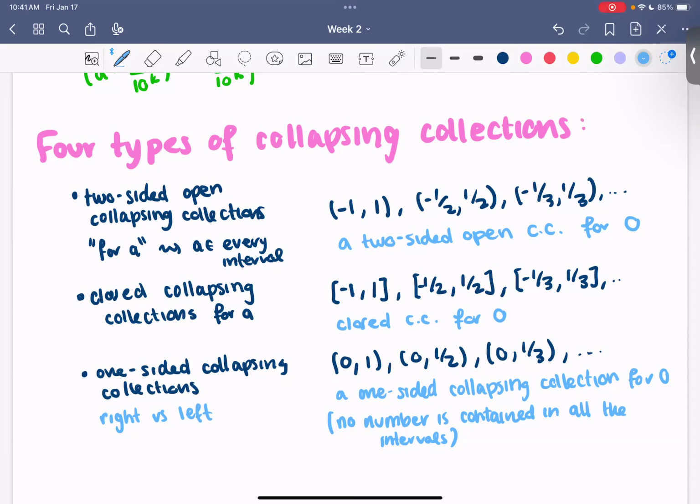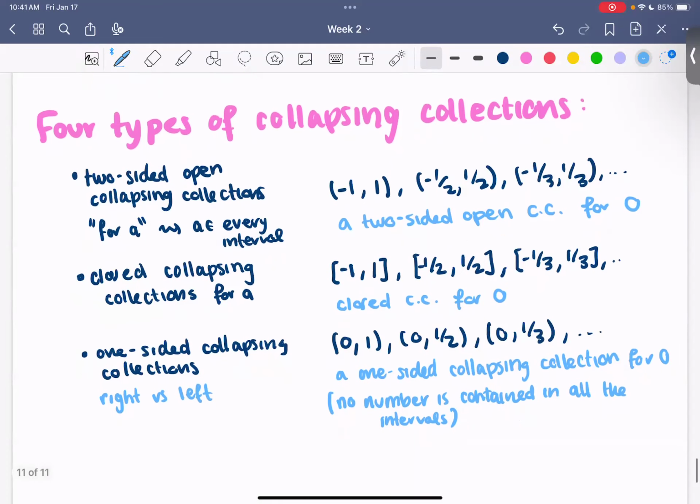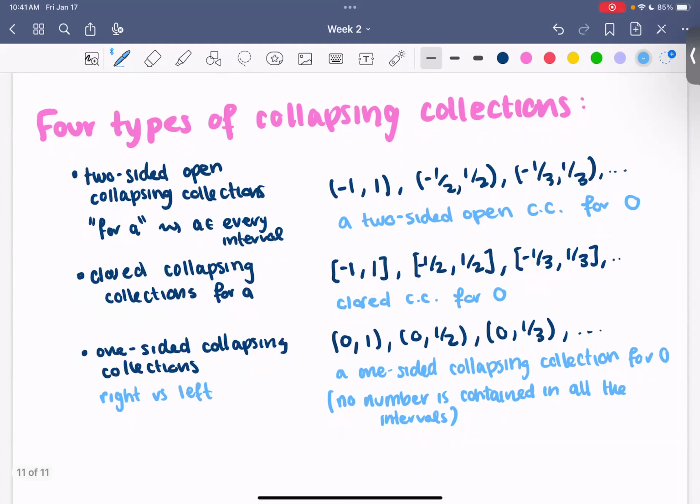So this last type is also mostly going to be for limits and not really used in continuity, but this is collapsing collections for infinity. And this could be positive or negative infinity, so I'll just write plus or minus infinity.